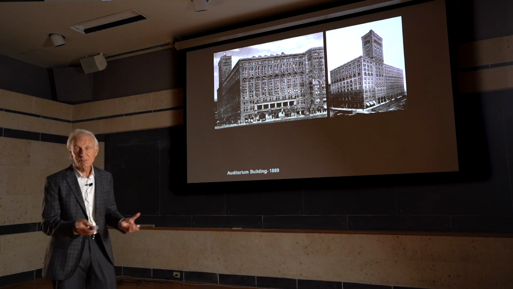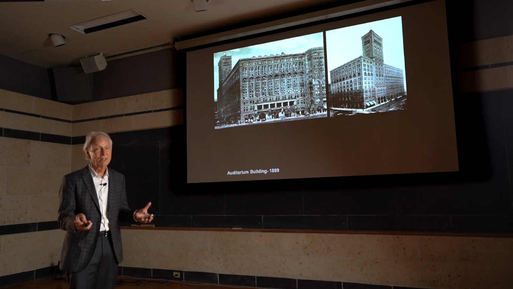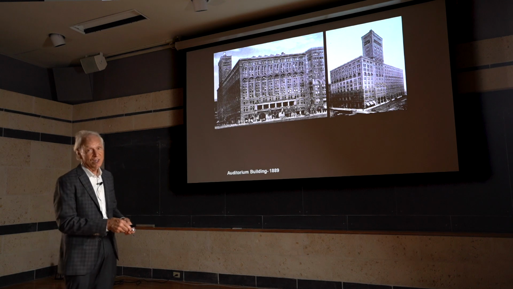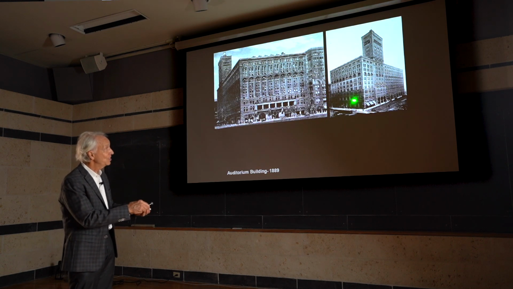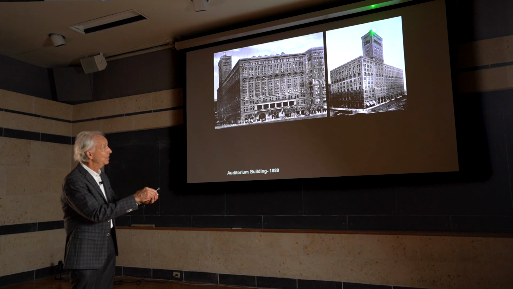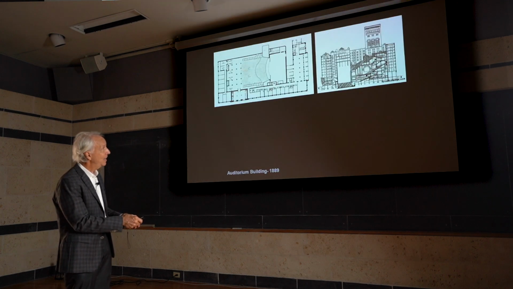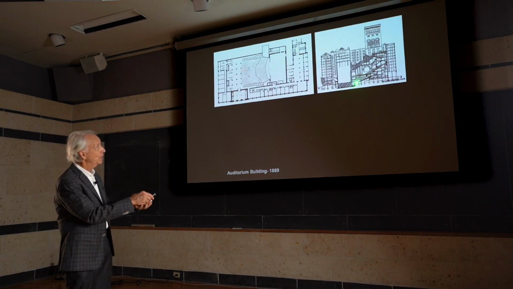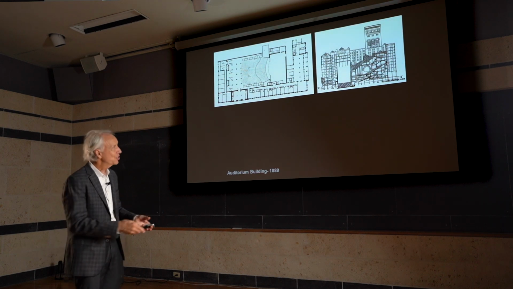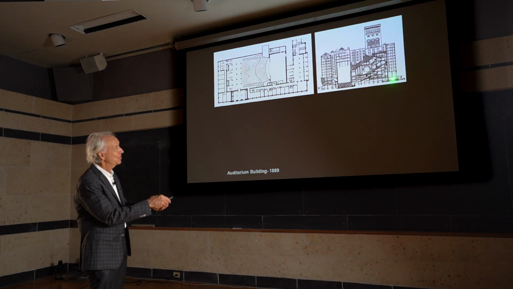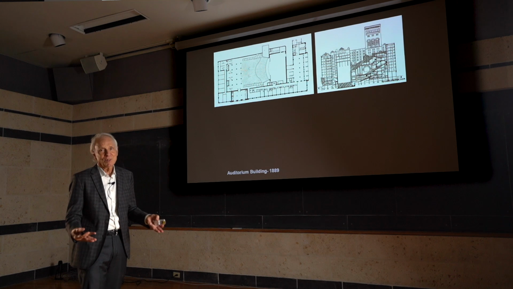Now, this is not a warehouse building. And in fact, it's a very, very complicated building programmatically. It's got offices all the way around and up in the tower, but all of that is surrounding an auditorium, the major performance space for Chicago, with the fly loft here, the auditorium there, and then actually very cleverly surrounding all that by offices, so that an auditorium wants a big blank wall.